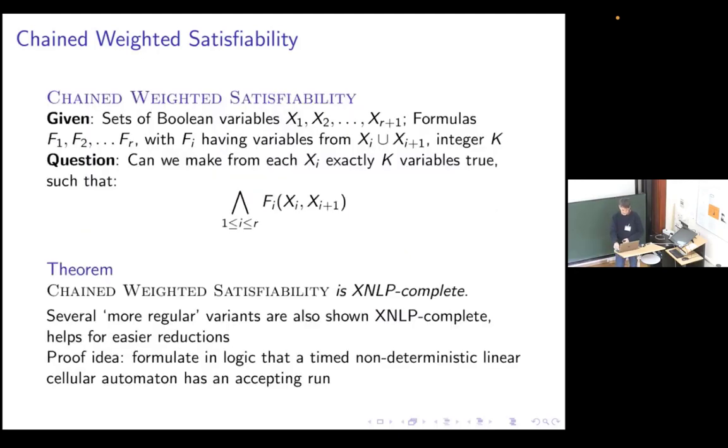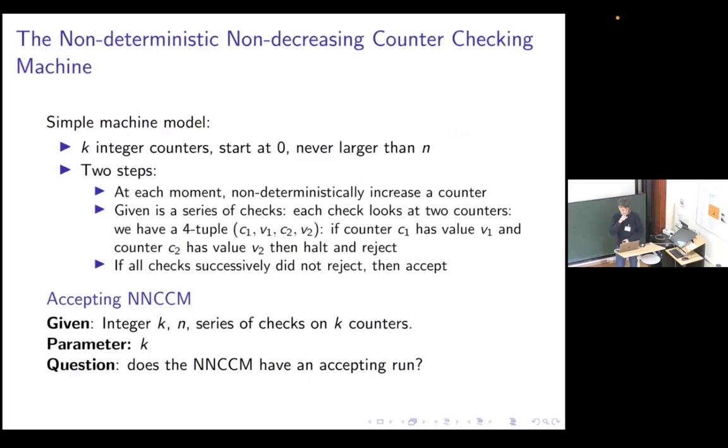And it's XNLP-complete. One of the other things which is really helpful for showing several of these hardness proofs is acceptance by a very strange machine model, which I call the non-deterministic, non-decreasing counter-checking machine.